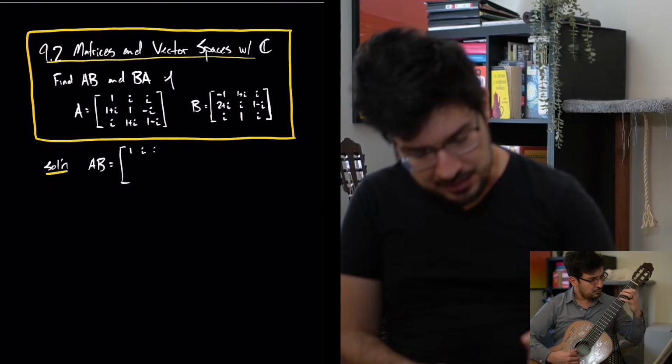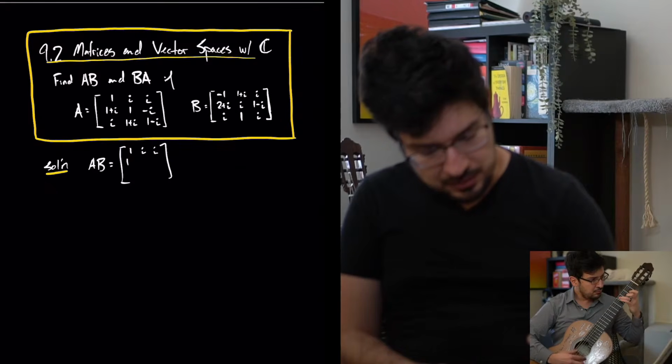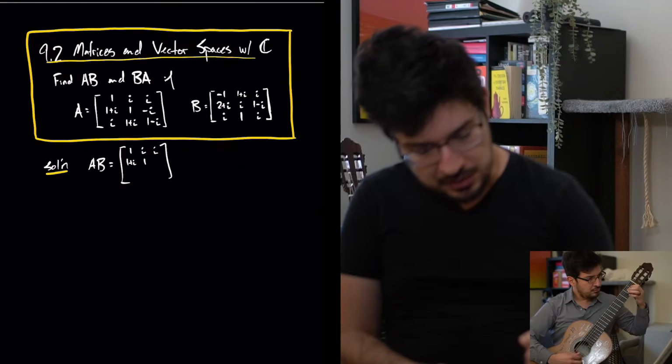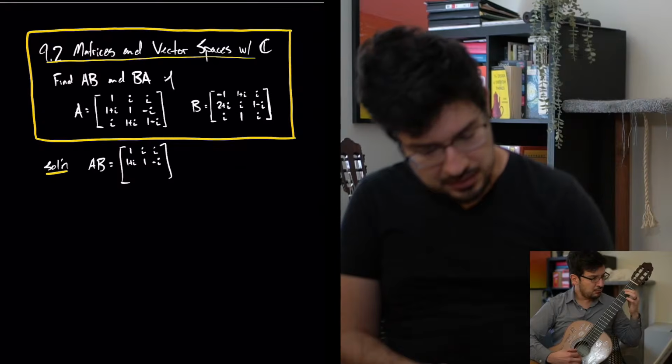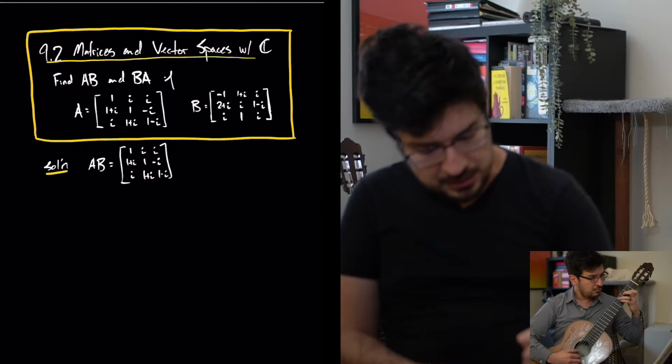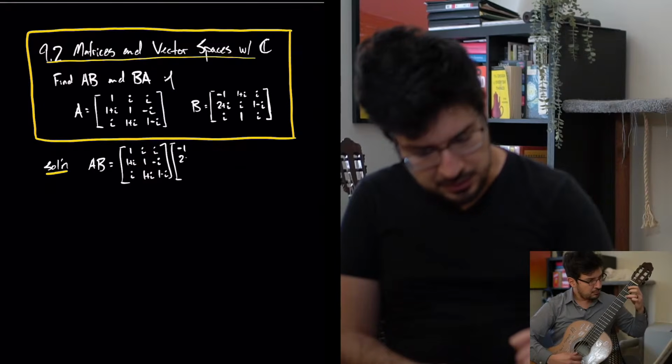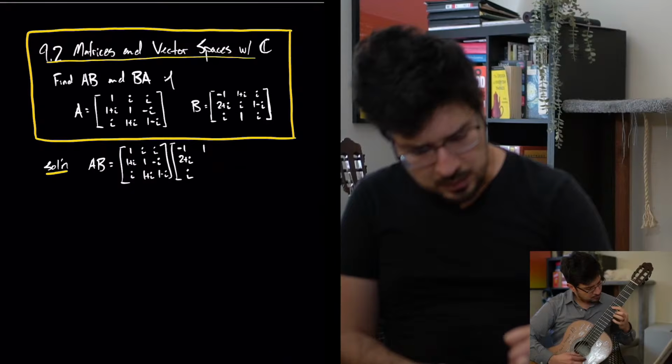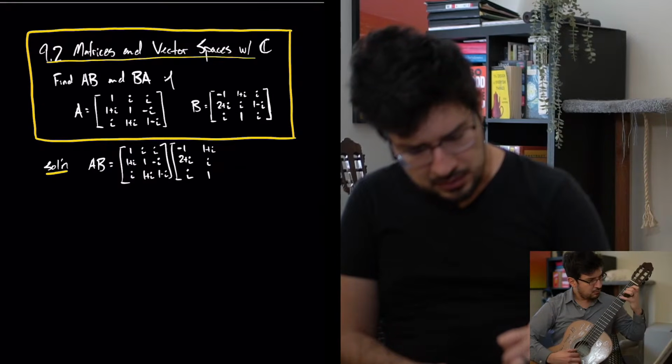So I guess I have to copy this again. 1 plus i, 1 minus i, 1 plus i, that's annoying, 1 minus i, times minus 1, 2 plus i, 1 plus i, 1, 1 minus i, and i.